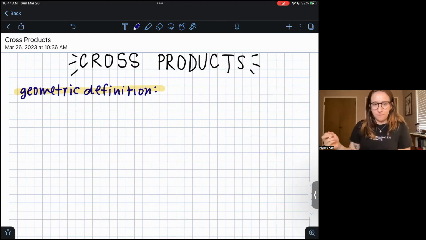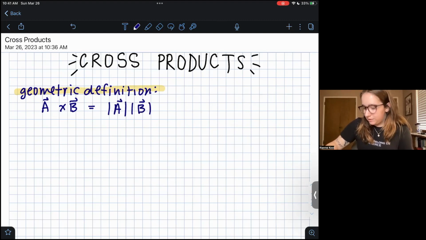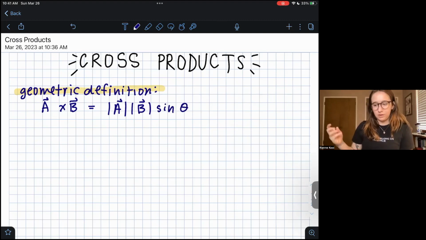So the geometric definition of a cross product is, if we have two vectors, A and B, and we want to cross them, it is going to be the magnitude of A times the magnitude of B times the sine of the angle between them.